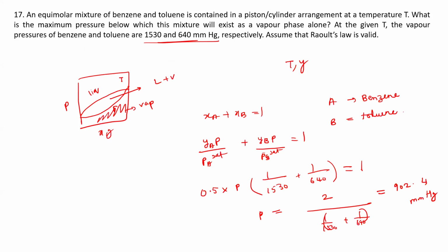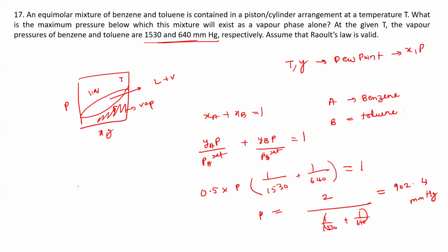So what was the type of problem? What is the maximum pressure below which this mixture will exist as a vapor phase alone? It means when will condensation start, so we were finding the dew point here. When T and Y are given, it is a dew point problem, where you have to find X and T. Now you can find X also.